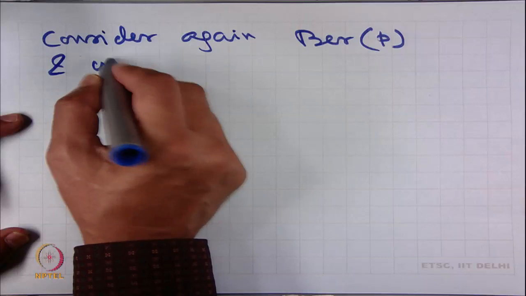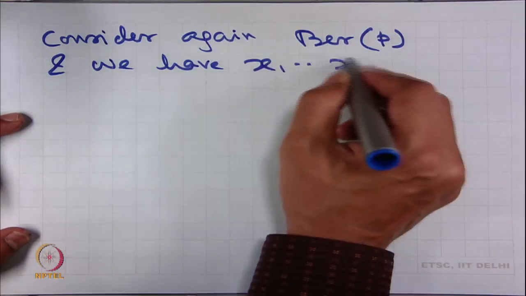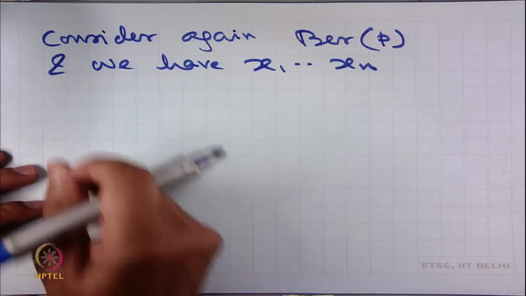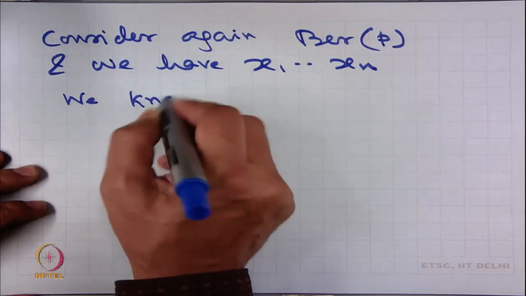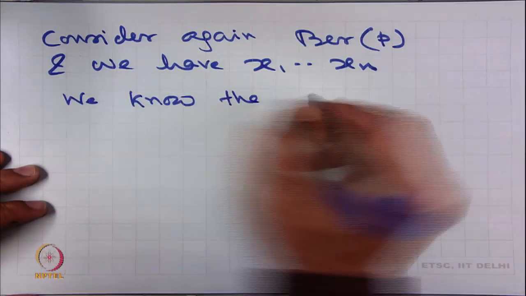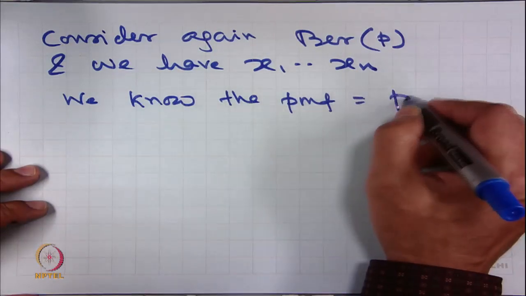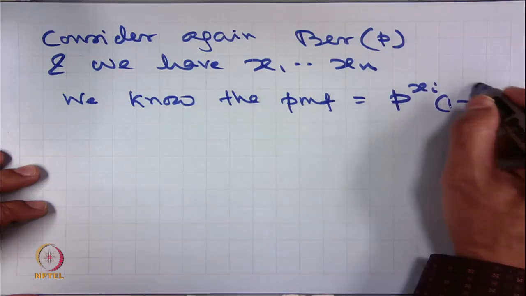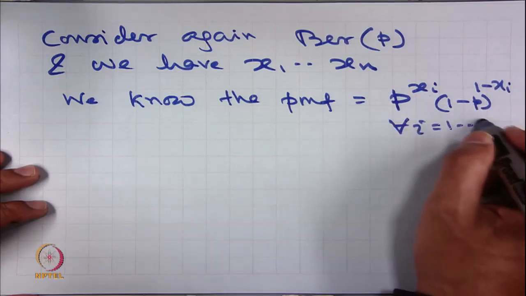And we have X1, X2, ..., Xn. We know the PDF or the PMF is equal to p to the power xi times (1 minus p) to the power (1 minus xi) for all i equal to 1 to n.